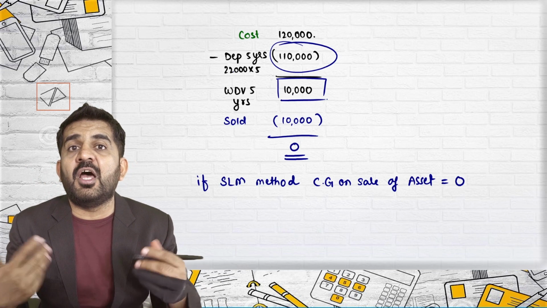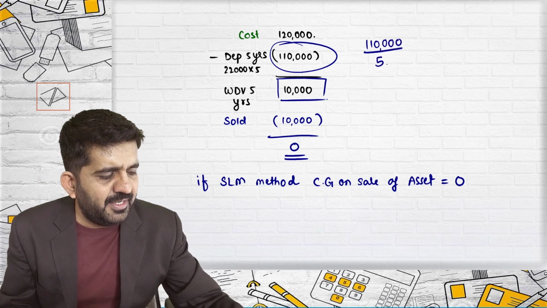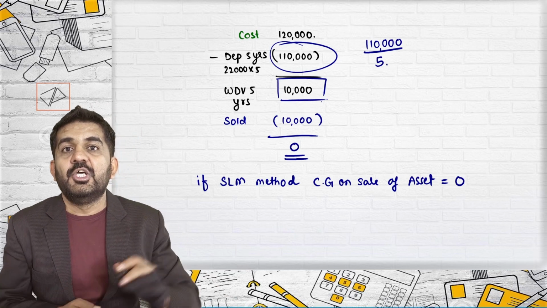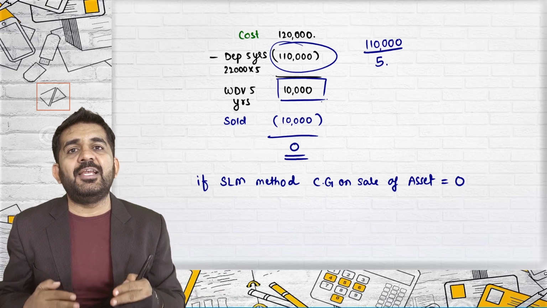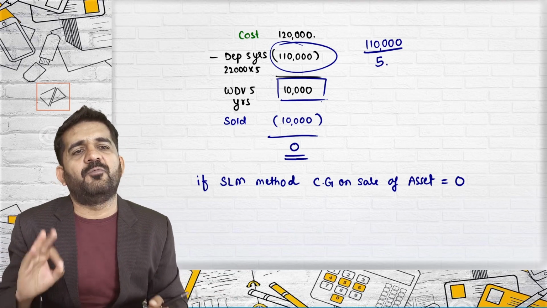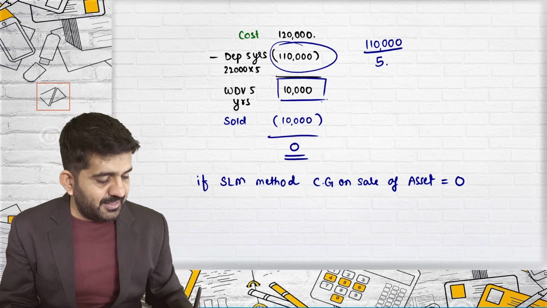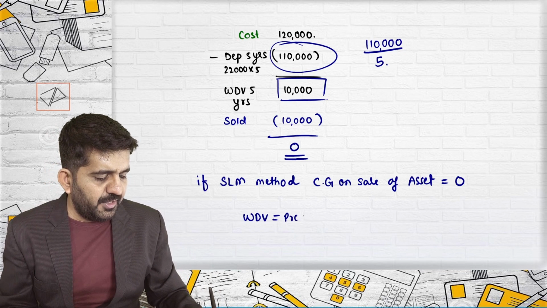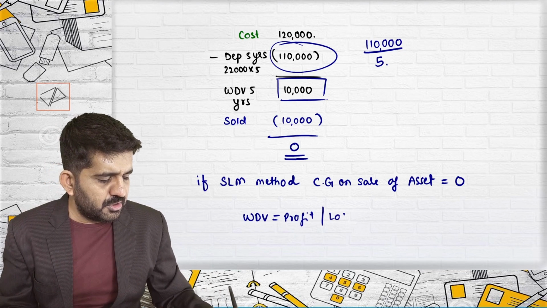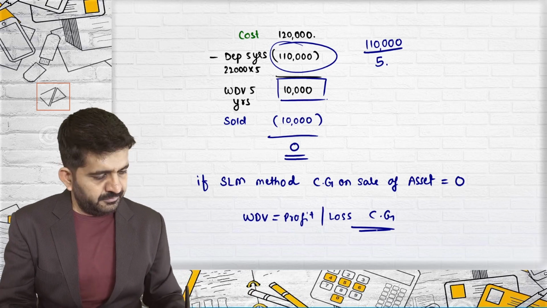As per the formula of SLM, 1,10,000 you will be depreciating in 5 years. So what will be remaining is always a scrap value. And if you sell your machine at scrap value, your profit will always be 0. When there is profit arising in the WDV method, there will be profit or loss on capital.